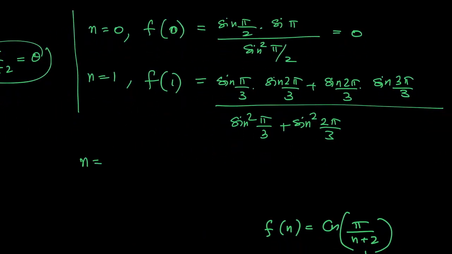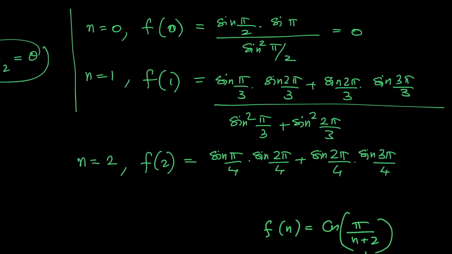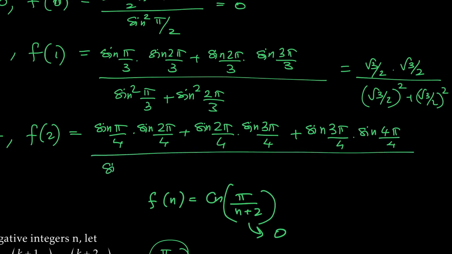Okay, again let's check for one more value. When you put n is equal to 2, your f of 2 is going to be sine pi by 4 into sine 2 pi by 4 plus sine 2 pi by 4 into sine 3 pi by 4 plus sine 3 pi by 4 into sine 4 pi by 4, divided by sine square pi by 4 plus sine square 2 pi by 4 plus sine square 3 pi by 4.